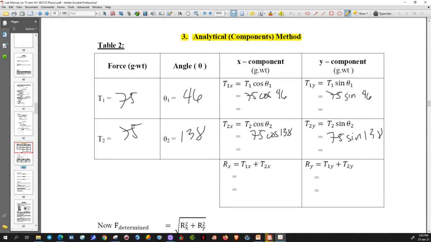What you will get, Shabab, is the total in the X component or X-axis and the total components in the Y-axis. The result from here and here, you will substitute. From there, you will find the resultant in the X-axis and the resultant in the Y-axis.